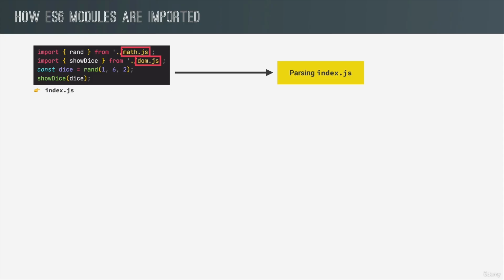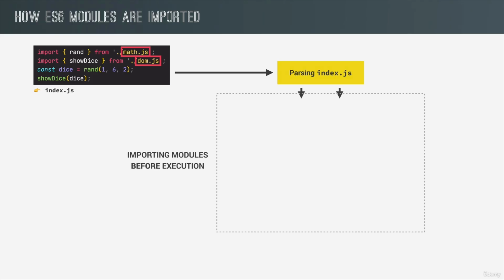We talked about that way back. But remember that parsing basically means to just read the code, but without executing it. And this is the moment in which imports are hoisted. And in fact, the whole process of importing modules happens before the code in the main module is actually executed.